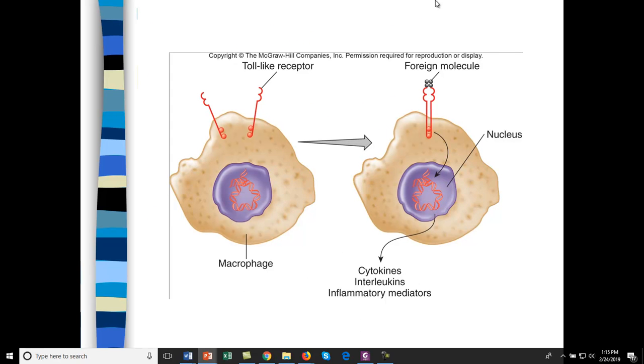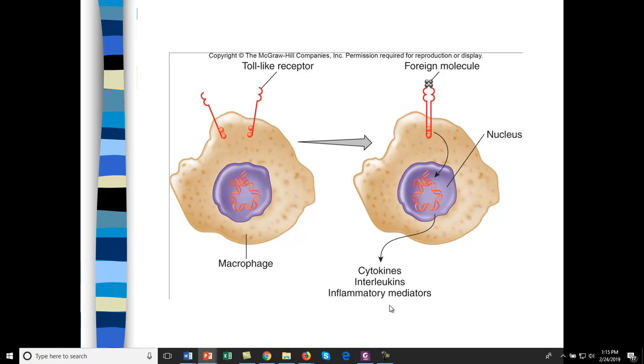Here's a macrophage, and it has a toll-like receptor, and it sees a foreign molecule like a PAMP, and it can bind that toll-like receptor, causes the toll-like receptor to close, and that closing process then initiates transcription and translation of cytokines, interleukins, inflammatory mediators.